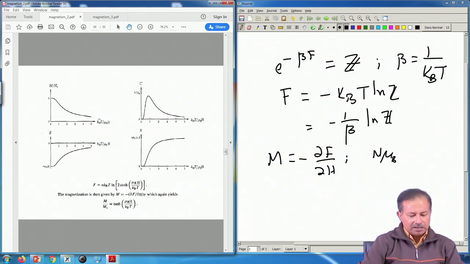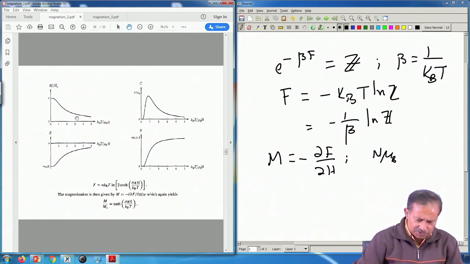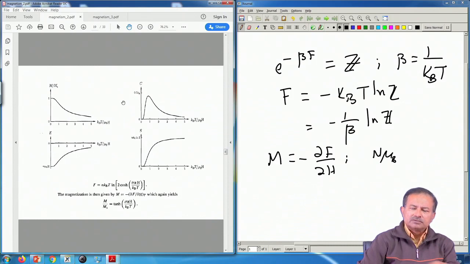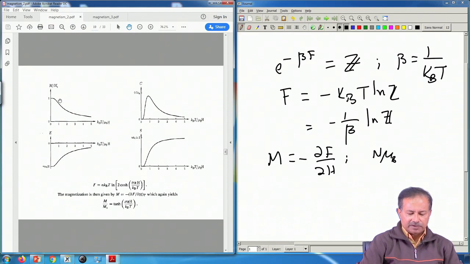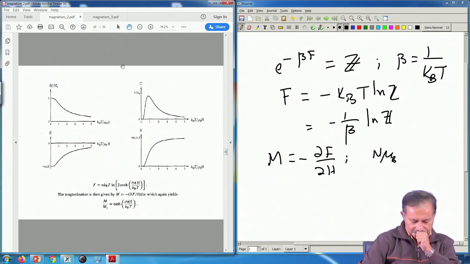At large temperatures it will march towards 0, because thermalization will just make all the moments fluctuate randomly, and then the sum of these magnetic moments will no longer give you a finite value. It will just approach 0 as T rises. So, this is a value starting from 1 to 0. You could just predict this right from the beginning without doing any calculation actually. Of course, the exact curve requires the calculation.